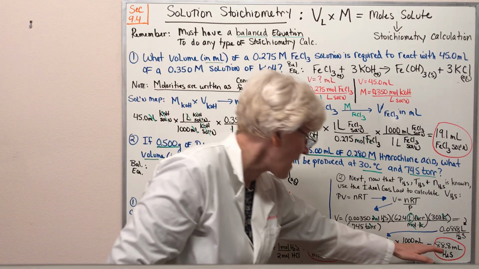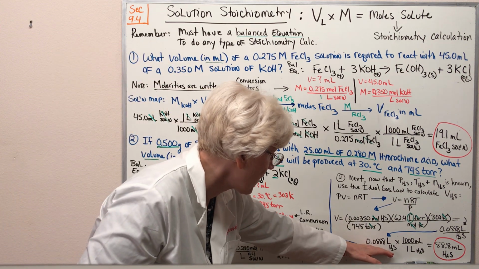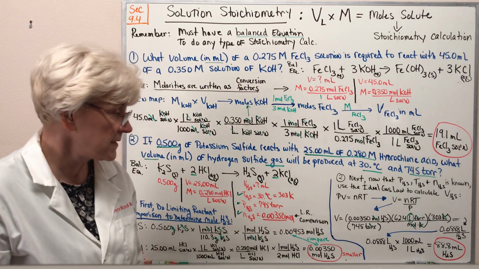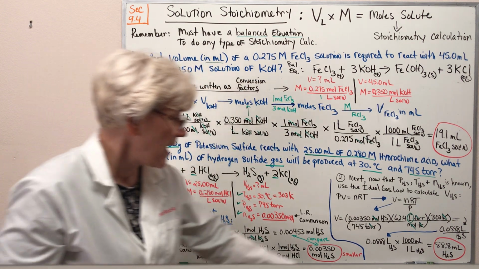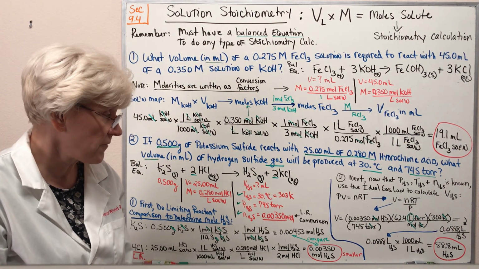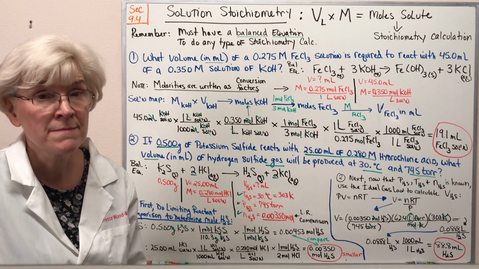So the very last step of the problem is to take our volume of 0.0888 liters, multiply by 1,000 milliliters per 1 liter, and our final answer for the volume of hydrogen sulfide produced is 88.8 milliliters.